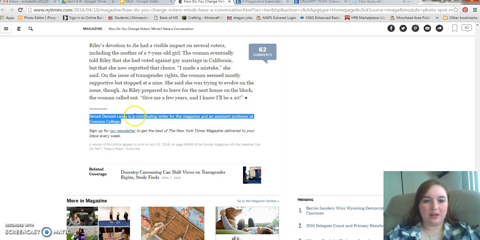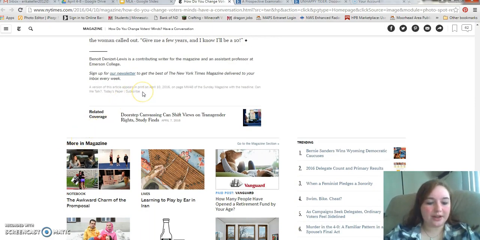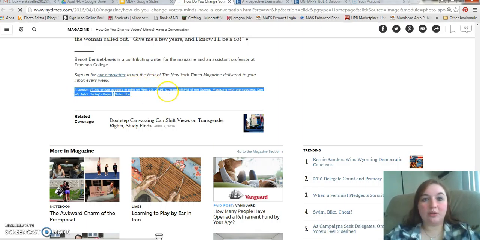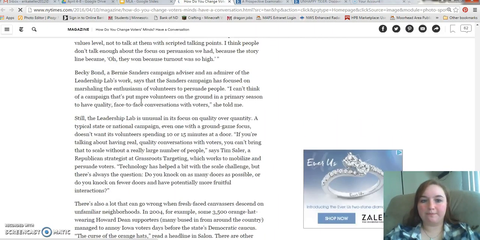It gives his credentials: he's a contributing writer for the magazine and he's an assistant professor at Emerson College. So sometimes you can find their credibility at the bottom. Sometimes you can also find if it was in print before. In this case, this one was not in print before, but it does state that it will be in print.